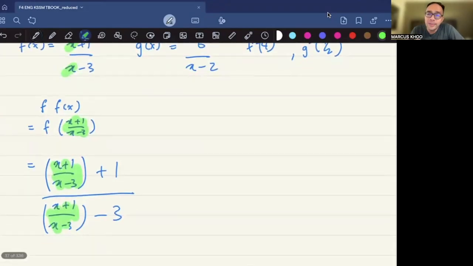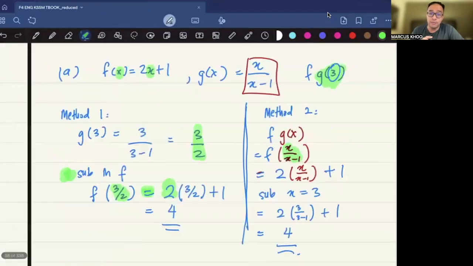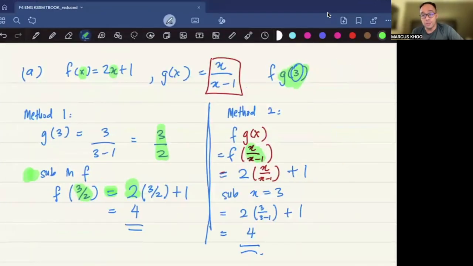So when the function is very complicated because of the fraction, obviously you don't want to get yourself into trouble. You want to use method number one. You don't want to use method number two.